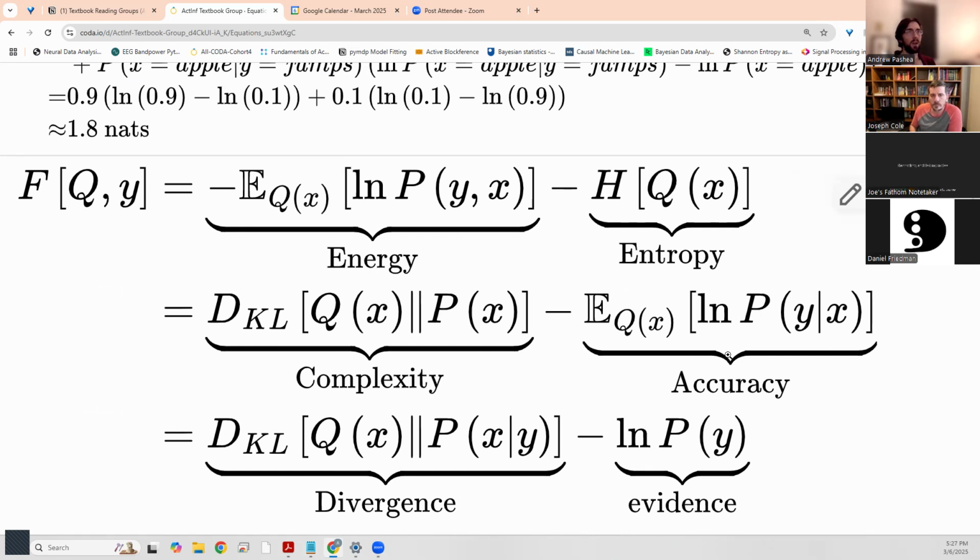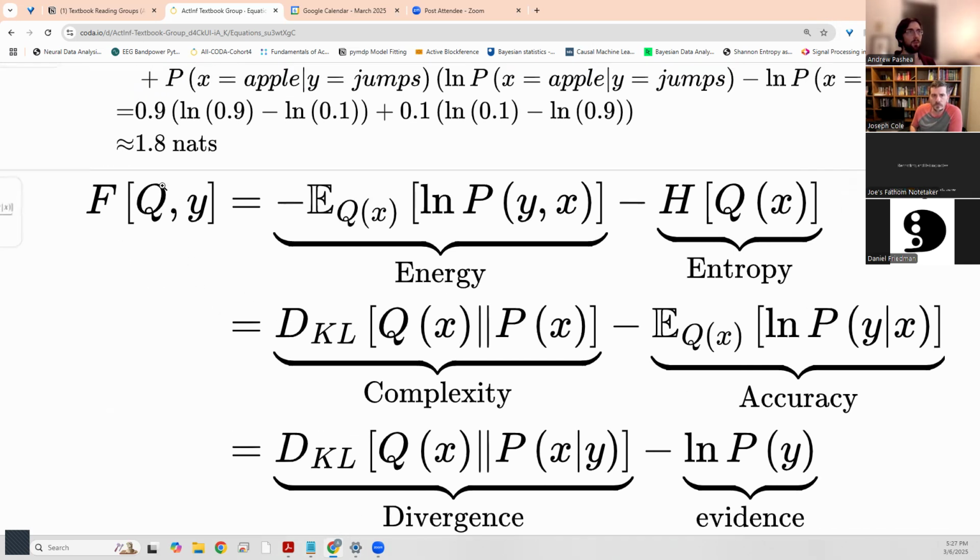We want to maximize accuracy because it has a negative sign in front of it. Vice versa for complexity, we want to minimize that, because at the end of the day, we come back to F, we're just trying to minimize that.